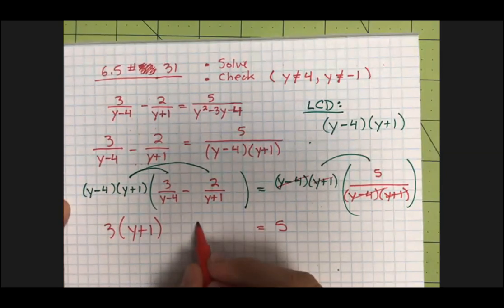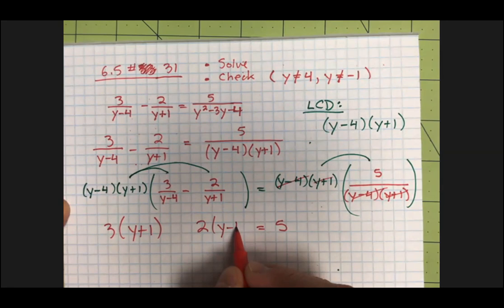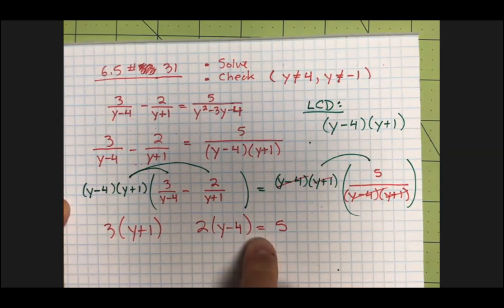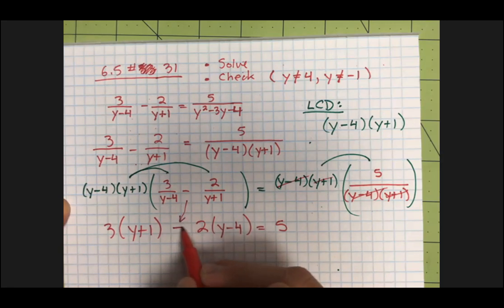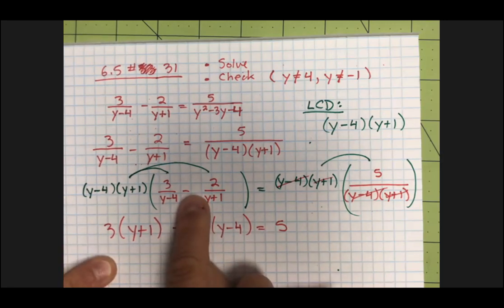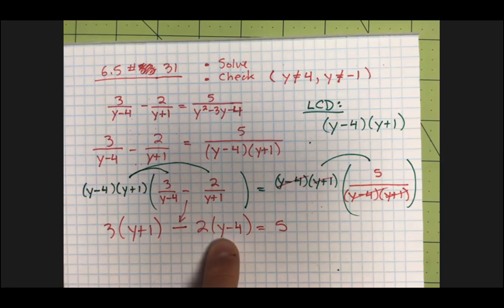And I'm left with 2 times y minus 4. Don't forget the parentheses. And now don't forget the minus sign. I can't ignore that minus sign. Don't rush to multiply this out because you want to make sure that you kept track of the signs.